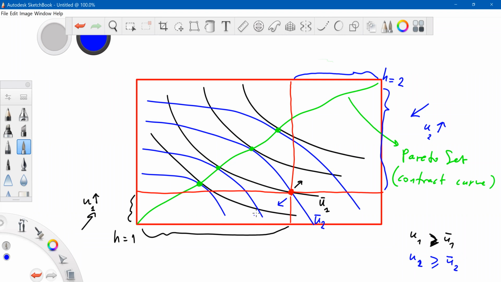So in other words, the entire set of points across the Pareto set are negotiable. Why are these things negotiable? Because they can agree on the same price ratio.